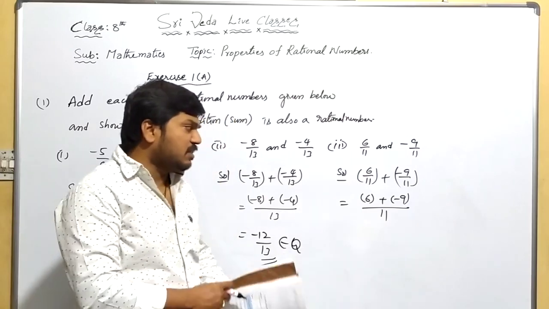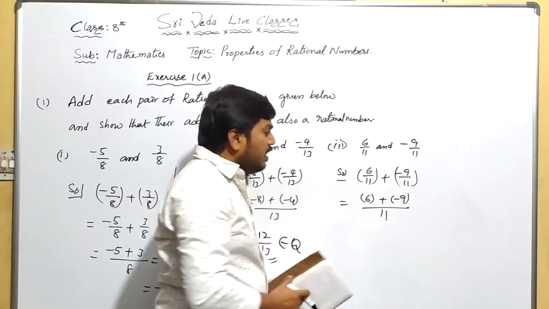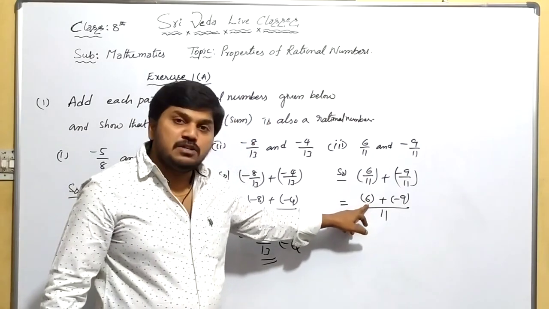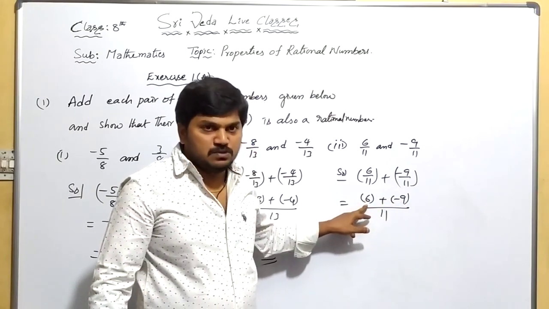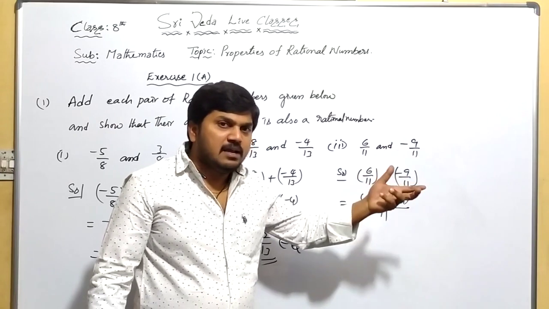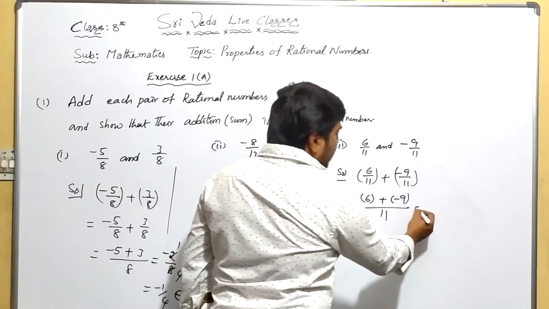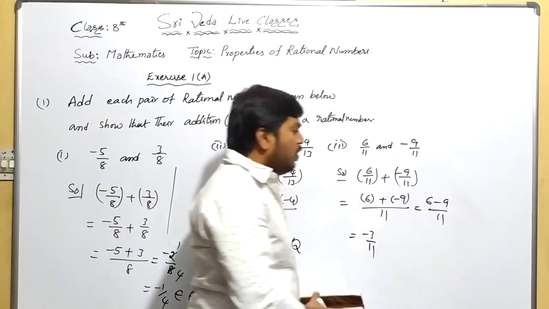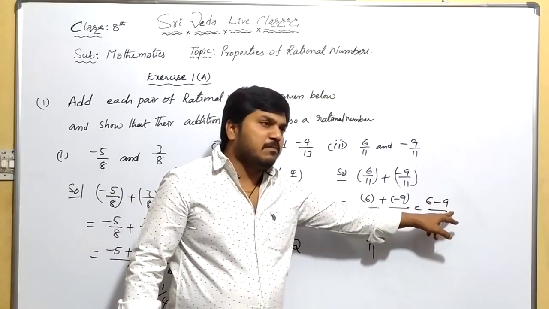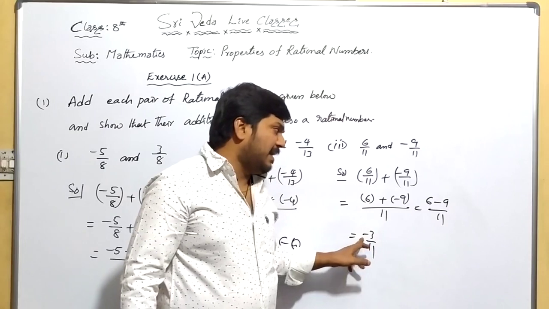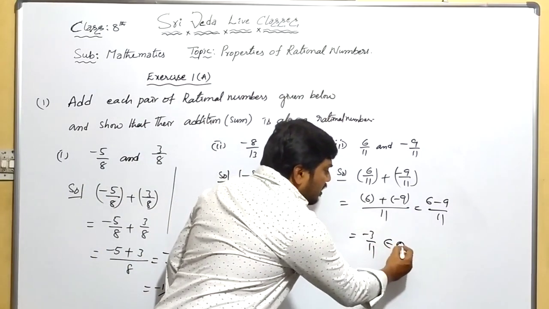Observe this: plus into minus gives minus. There are 6 positives and 9 negatives. 6 positives cancel 6 negatives, and the remaining 3 negatives are left. So minus 3 by 11. Or you can write 6 minus 9 by 11: a small number minus a big number is negative, with a difference of 3, so minus 3 by 11. It is also a rational number.